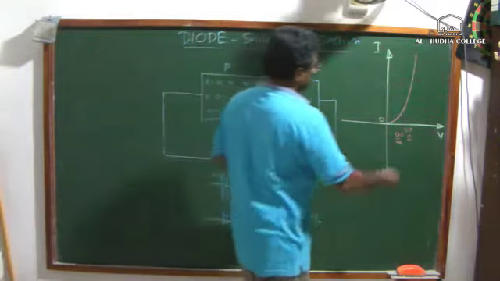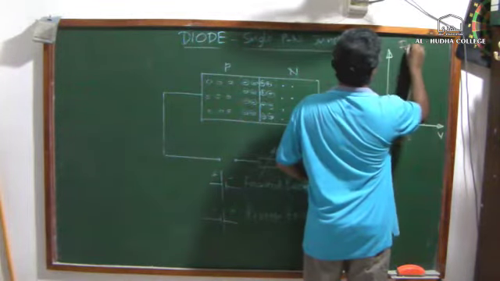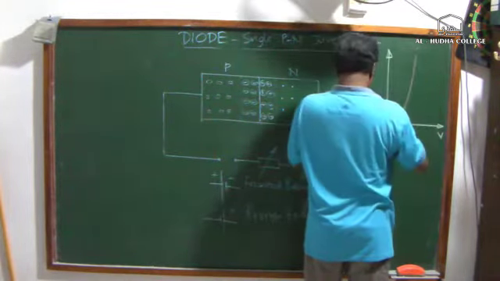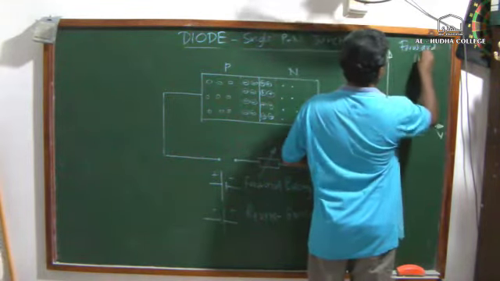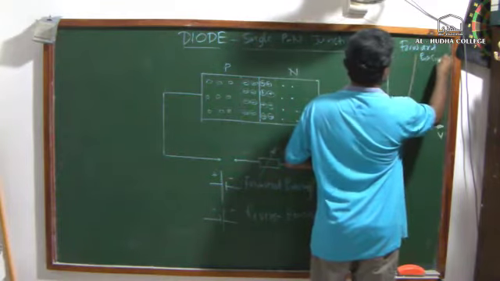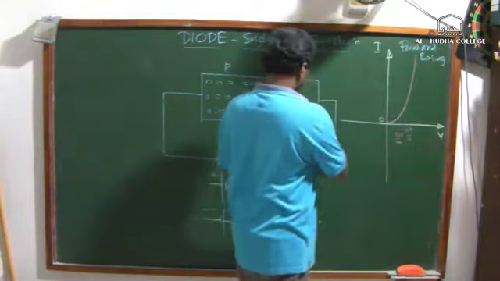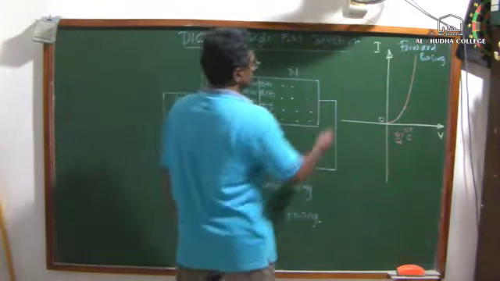This is forward biasing. If you reverse the polarity here, that is reverse biasing.